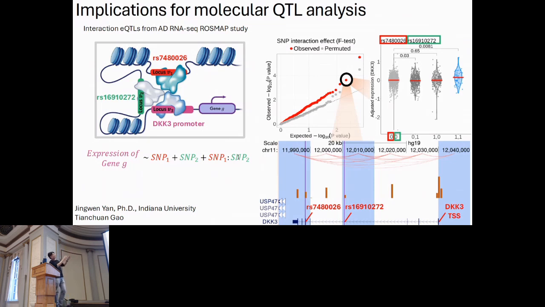What you see here is that if there is only one minor allele, or both of them are without minor allele, then the expression level is not changing much. But if both of them have the minor allele, at the very right, you see that the expression level is higher than the other cases, which shows that there is some interaction effect of these SNPs on the expression level of the DKK3 gene.